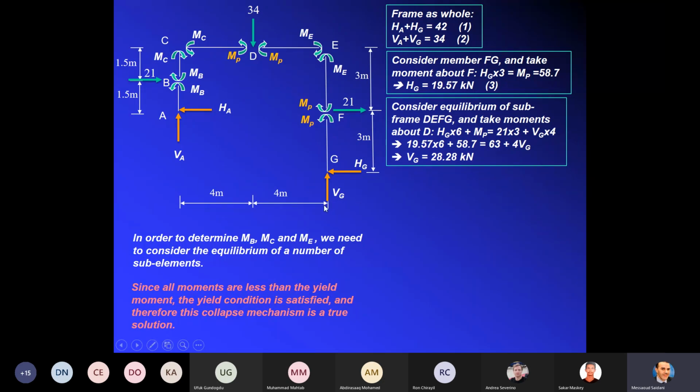Also, don't forget the vertical reaction. This is also anti-clockwise about D: VG times the perpendicular distance to D, which is 4 meters.